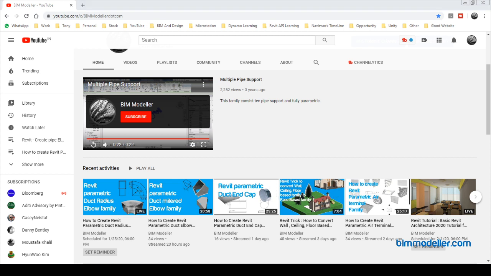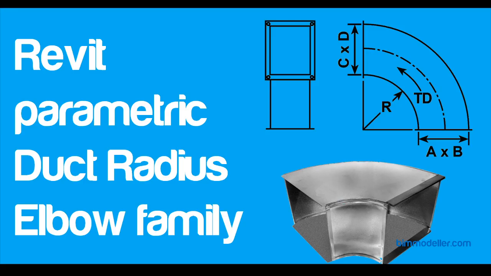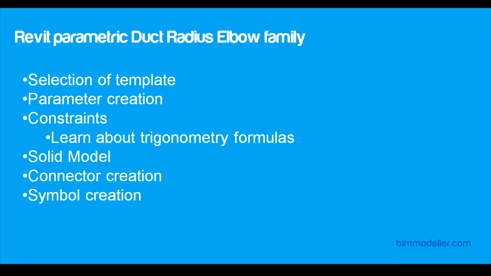So as we said, we're going to work on the Revit Parametric Duct Radius Elbow family. Many of you wondered whether parametric families are difficult to create. So we started with the duct cap, and we are going towards a pipe elbow family.